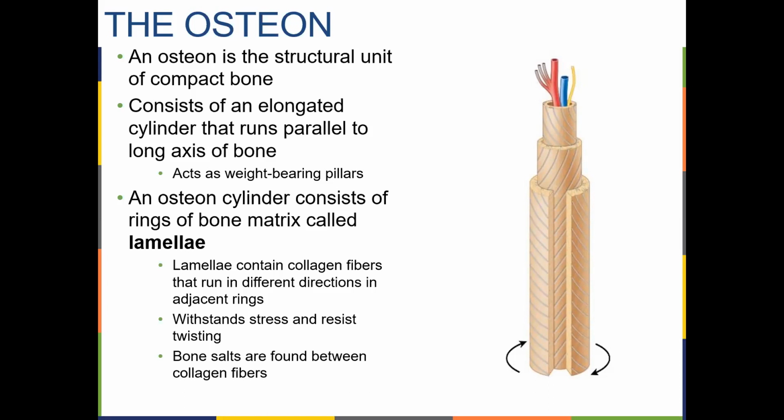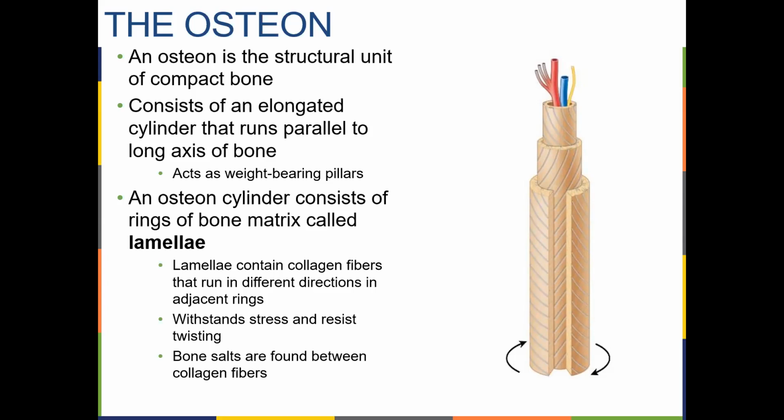So if one layer is spun to the right, the next one will be spun to the left as the fibers are laid down, and they run in opposite directions. By doing so, they dramatically increase their strength, particularly against twisting. By cross-hatching, by overlaying each layer of collagen fibers in an opposite direction, it makes them even stronger.